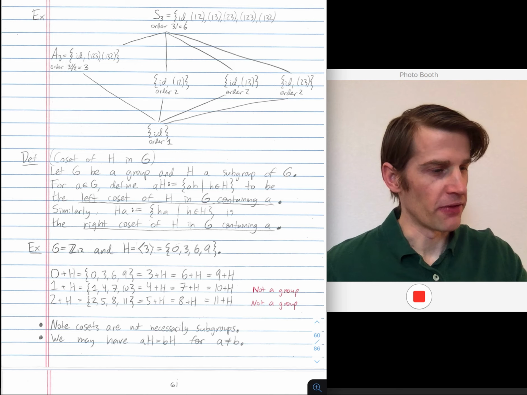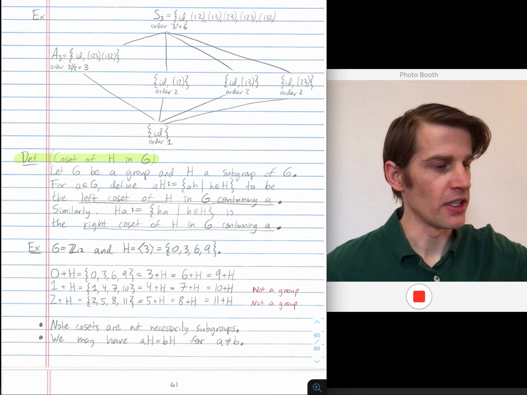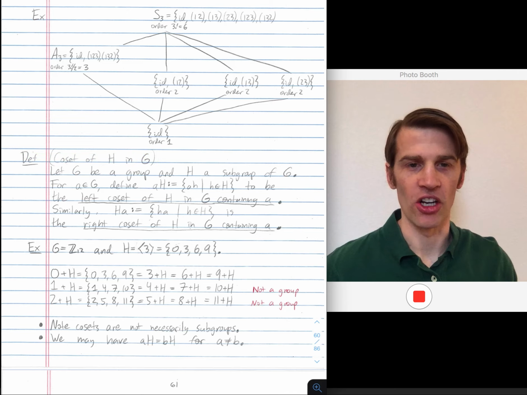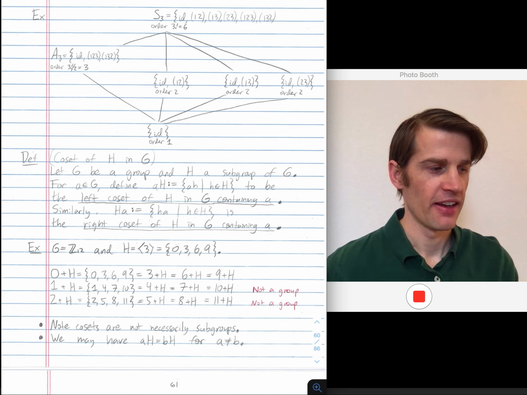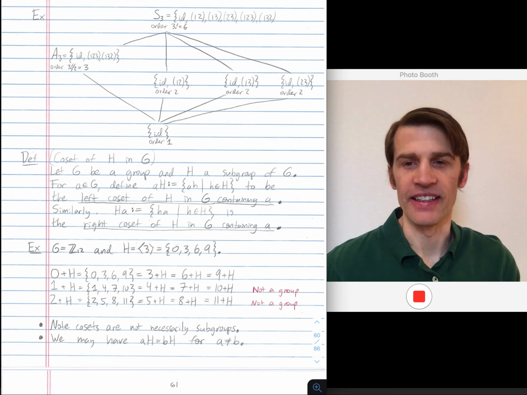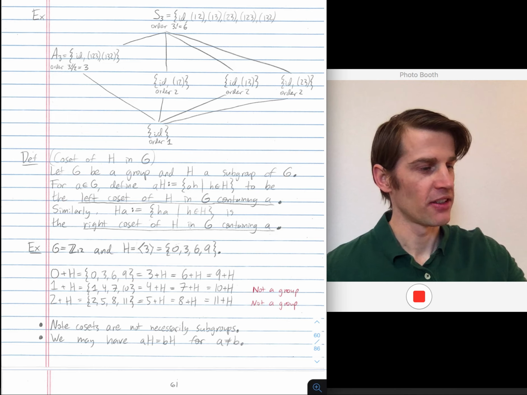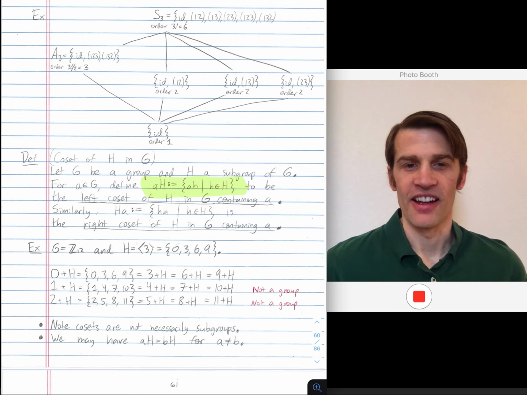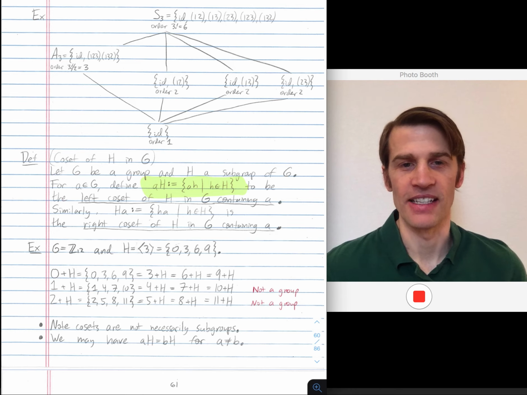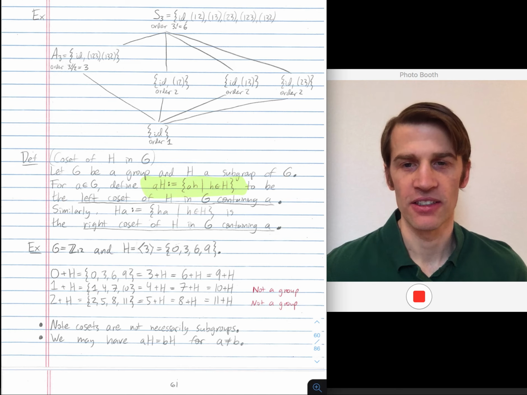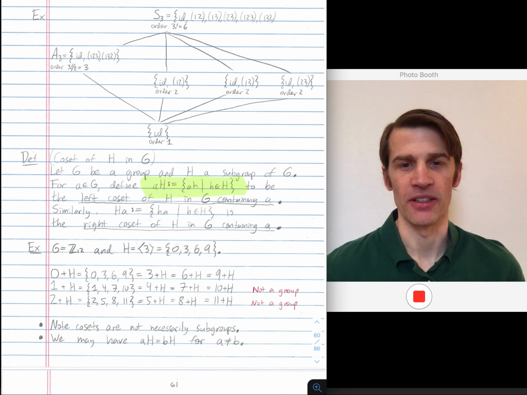So I'm looking at this definition of cosets of H in G. G is a group and H is an arbitrary subgroup of G. For any element a in G, we define the left coset of H containing a as this set. aH, a capital H, has as all of its elements a little h, where little h is in my subgroup.